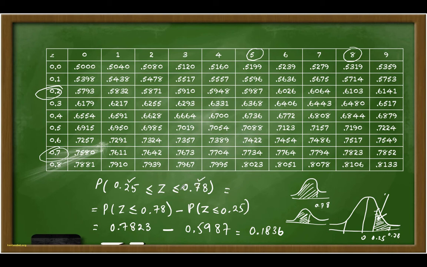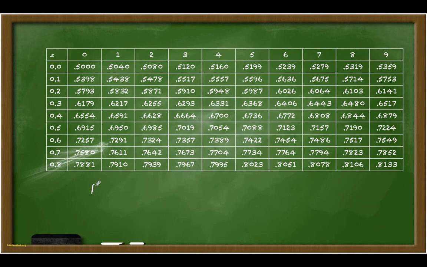Let's have another example. Suppose we want to find the probability that z is greater than negative 0.3. Here you can see we have only positive values. The property of the normal distribution curve is that it is symmetrical. So if we have 0 here and 0.3 here, negative 0.3 will be at the same distance from it.